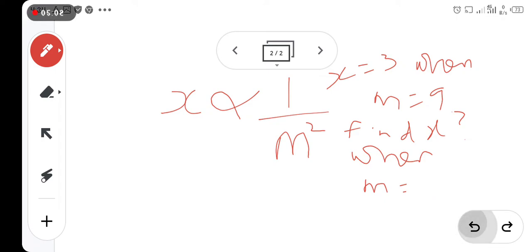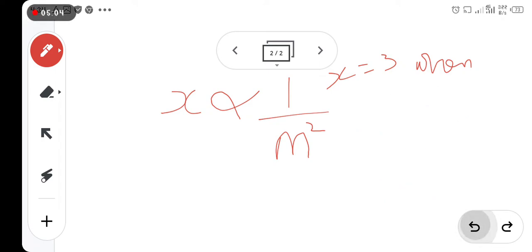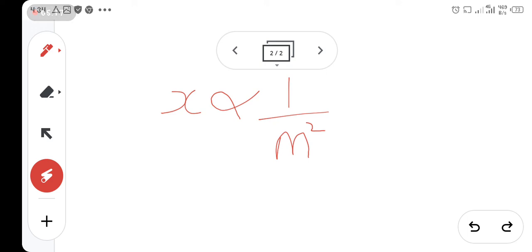If you remember the last video, I told you that the first thing we do is to change our relation to an equation. We change this to an equation by removing the variation symbol and introducing a constant and an equal to sign. So let's do that. Let's call the constant k.